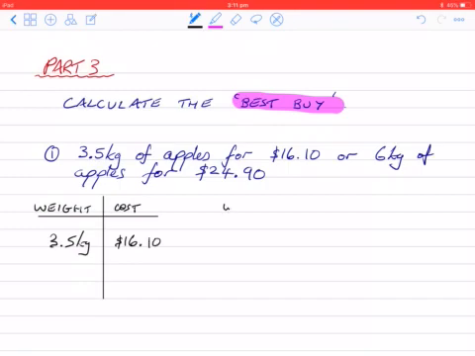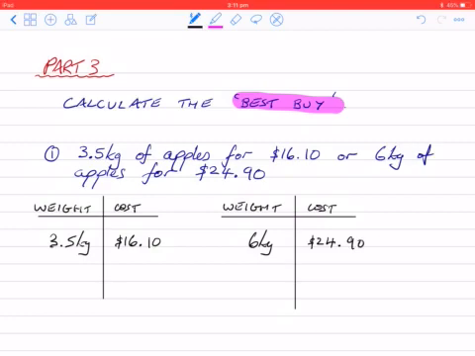Now I'm going to actually have 2 tables here. So I'm going to do another one, weight and cost, because we're given 2 lots of information. Now in the other bit of information we were told 6 kilograms costs $24.90. Now, if I just look at both of those, I don't know which one's best value just by looking at it. I mean, I could guess, but I'm certainly not sure.